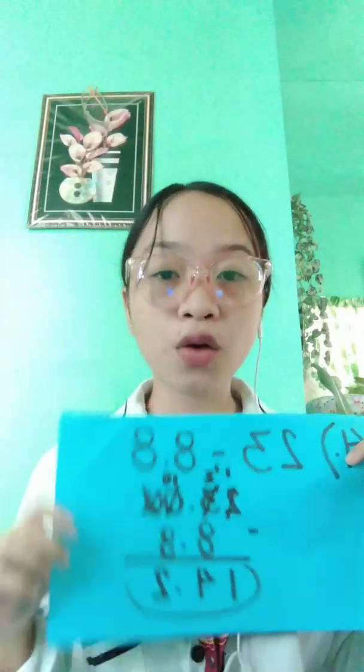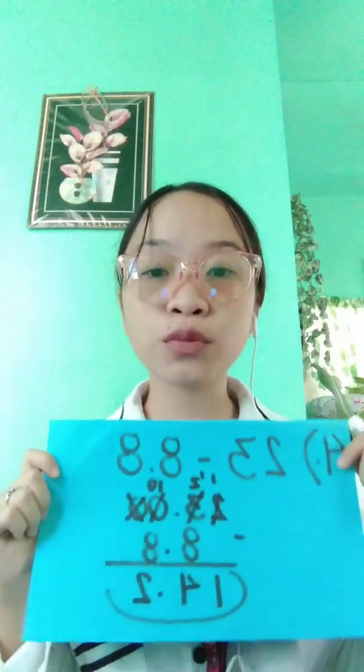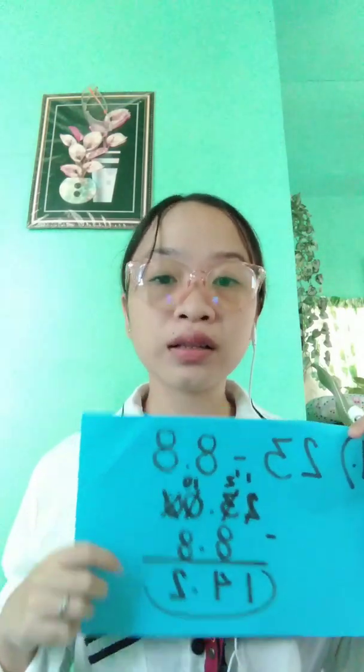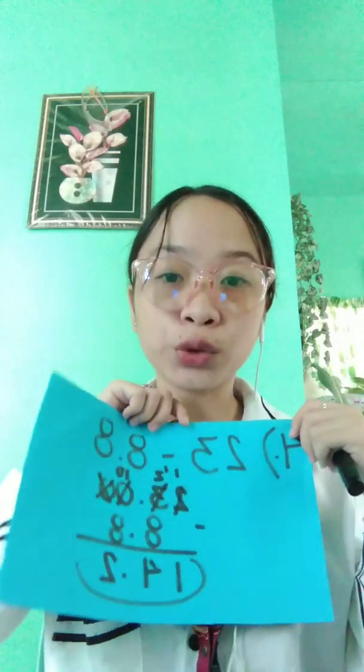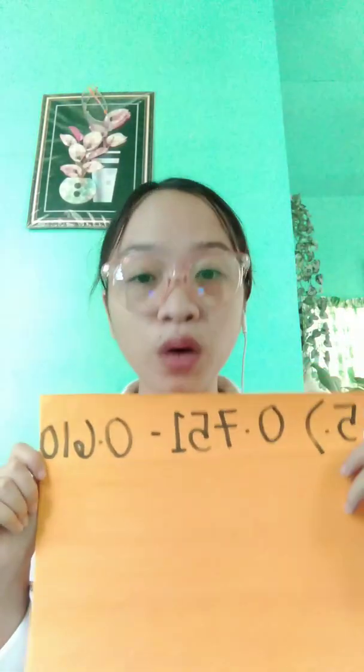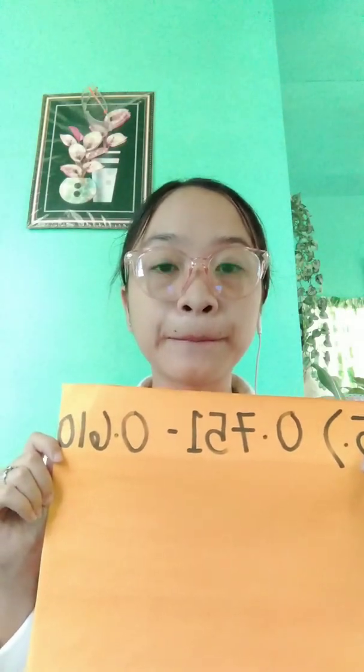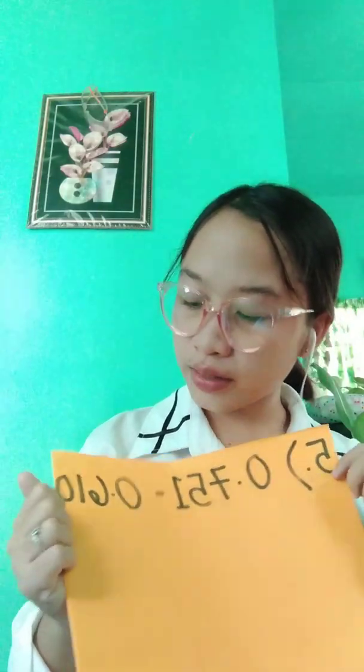So, mao na siya ang way on how you subtract decimals that need to be regrouped. Okay? Now, another example from subtraction. So, I have here 0 and 751 thousandths minus 0 and 610 thousandths. So, kani siya, dili na siya need mag-regroup kasi ma-minus na siya diretso.